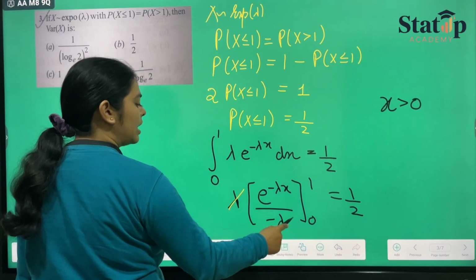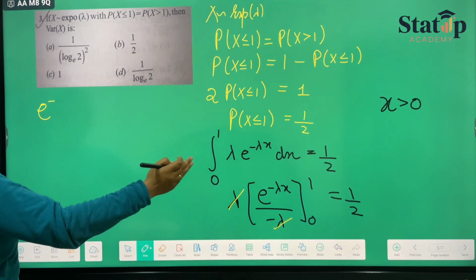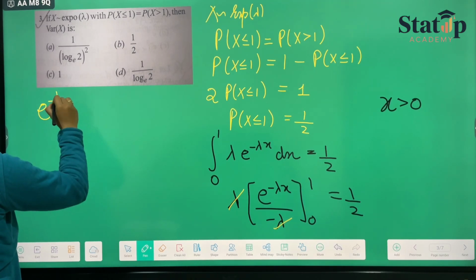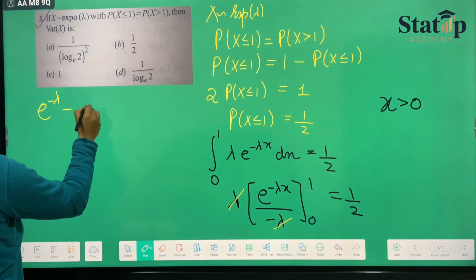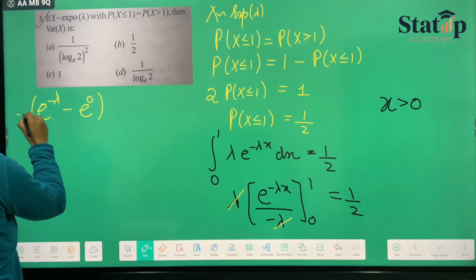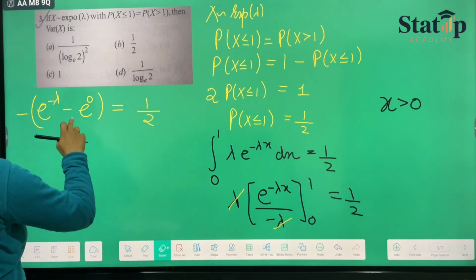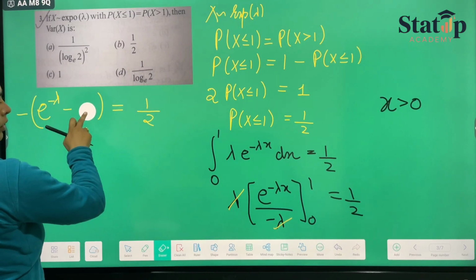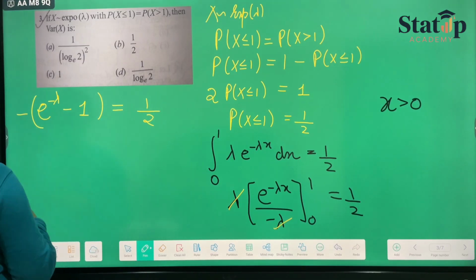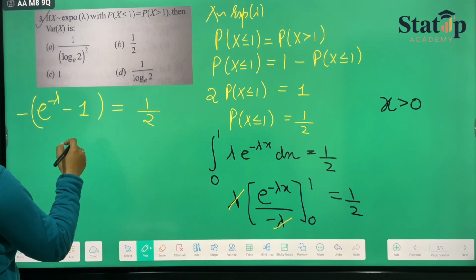Now here this lambda and this lambda get cancelled, and if we put the limits, e raised to the power minus 1 into lambda will be e raised to the power minus lambda, and if we put the lower limit, e raised to the power minus lambda into 0, it will be e raised to the power 0 with the minus sign outside, and this will be 1 upon 2. e raised to the power 0 is nothing but 1 only.